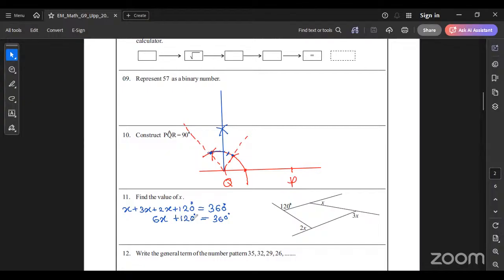Then 120 subtract from both sides. 6x remaining, how much? 240. Then divide both sides by 6. 6 to 6 cancel out and x equals 40.